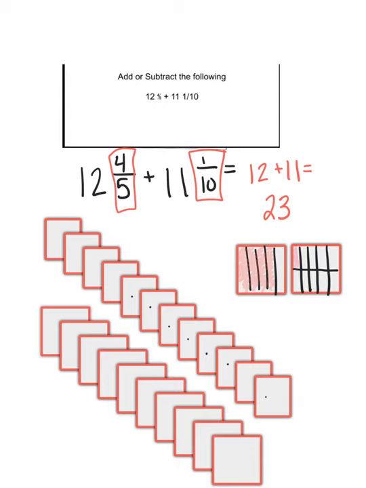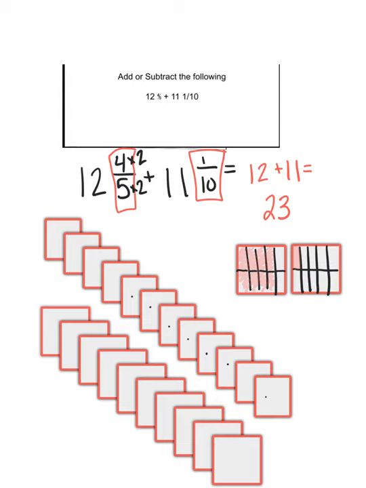Now, the reason your teachers always tell you that you need a common denominator is because there's no way to combine this 4/5 with this 1/10 without taking your fifths and cutting each one of them in half, which is like multiplying them by 2.